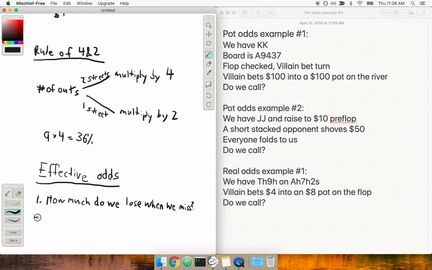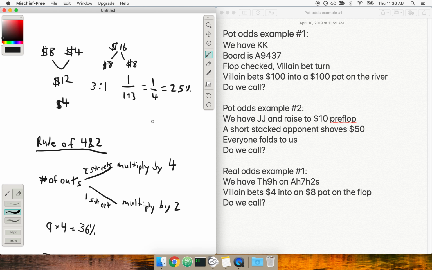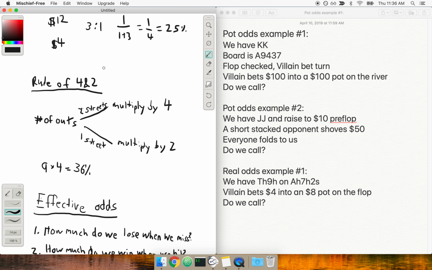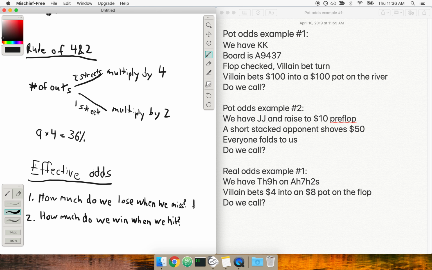And then the second question is, how much do we win when we hit? So here it looks like when we miss, we're paying $4 on the flop and we're paying $8 on the turn. So when we miss, we lose $12.